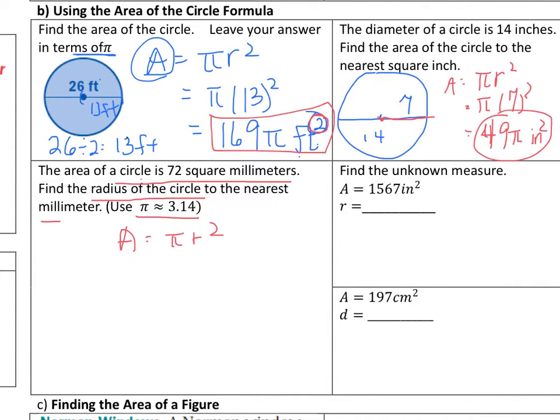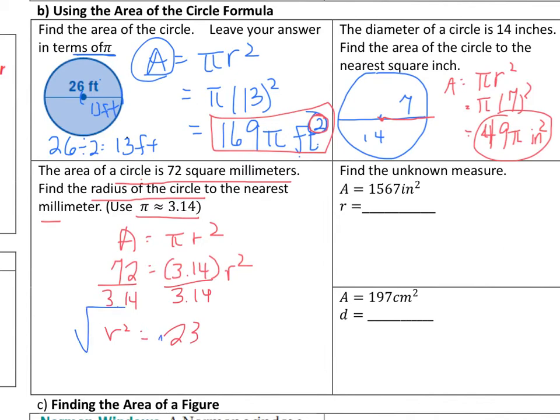The area is 72, so we can substitute that in for A. And it says to use 3.14, so I will rewrite pi as 3.14, and I need to leave r squared because that's what we're solving for. 72 divided by 3.14 is about 23. So r squared equals 23, and then we take the square root of both sides. R is about 5 millimeters.